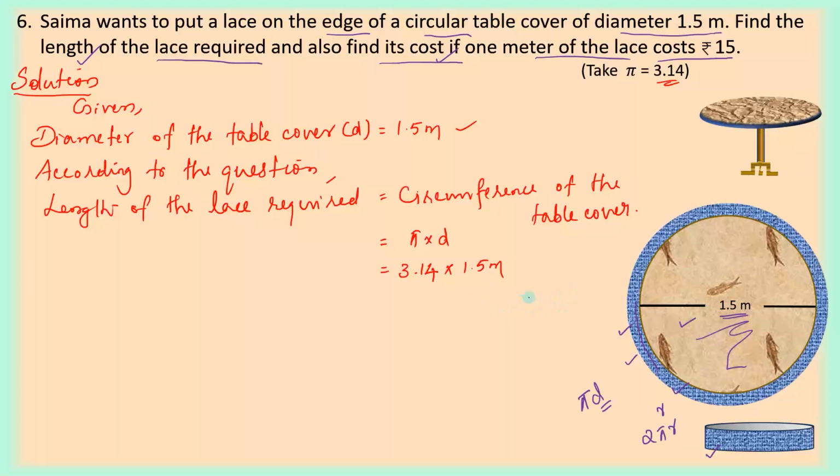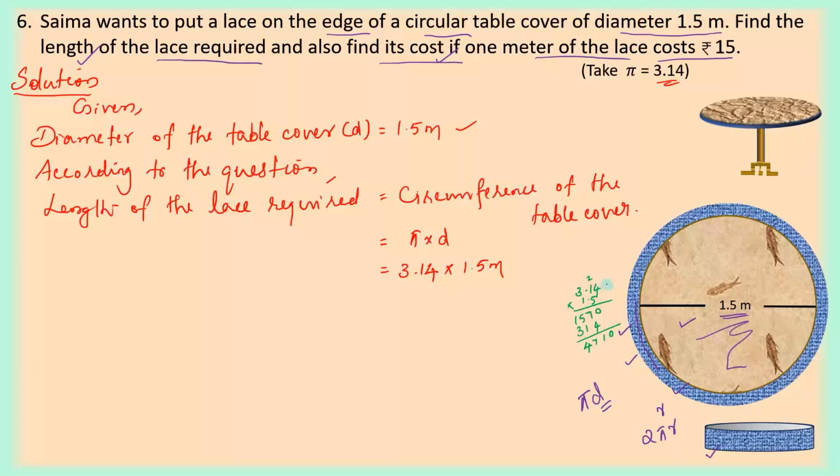Now let us multiply 3.14 and 1.5. Adding. Now we have to put the decimals here.